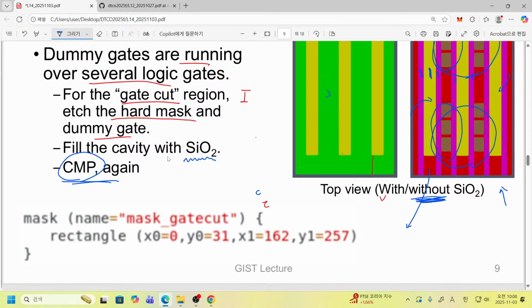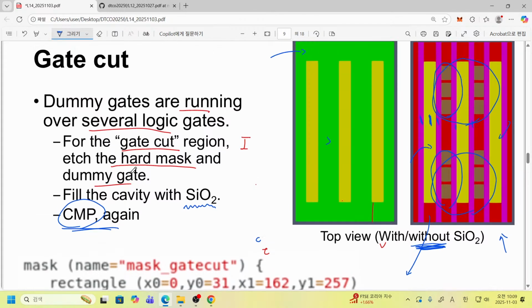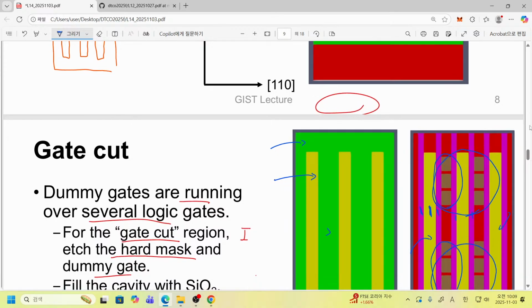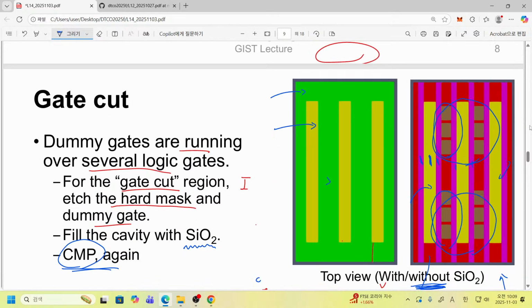In this case, the height of CMP is again this hard mask. The top of the hard mask is set as the etch stop height for our CMP. So now you understand a very important lesson from this one. Who decides the height of ILD0?